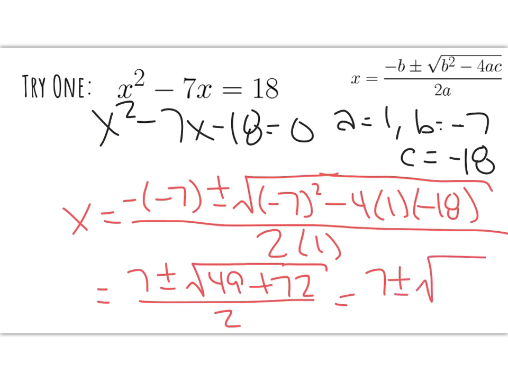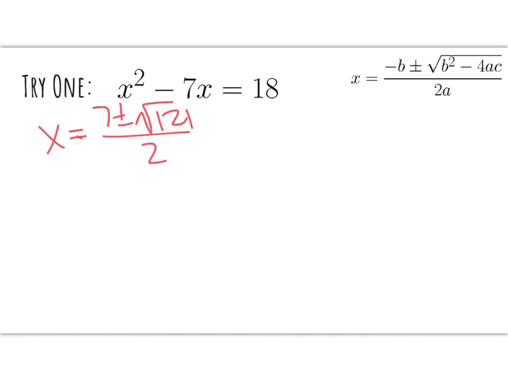7 plus or minus 49 plus 72 is 121. And so we're off and running here. At 7 plus or minus the square root of 121 over 2, we'll simplify again. We know that the square root of 121 is 11.